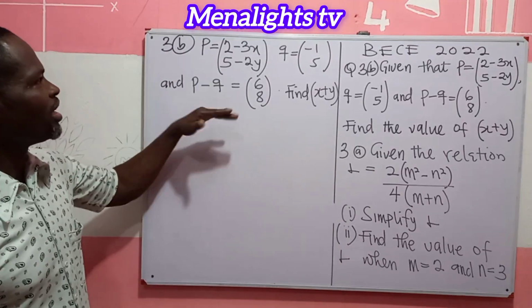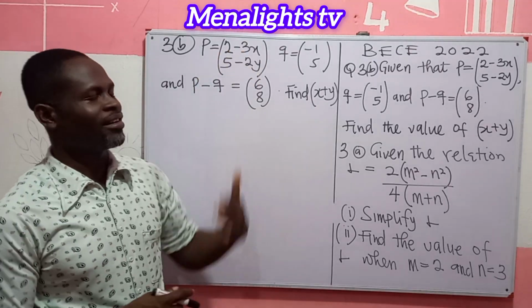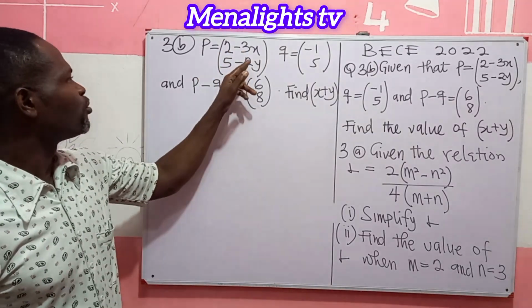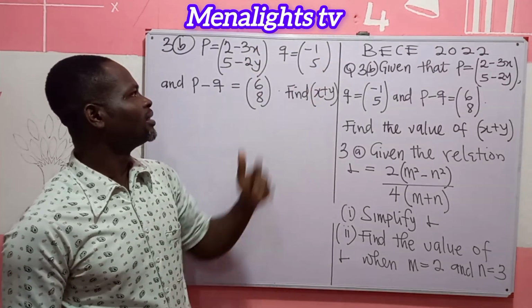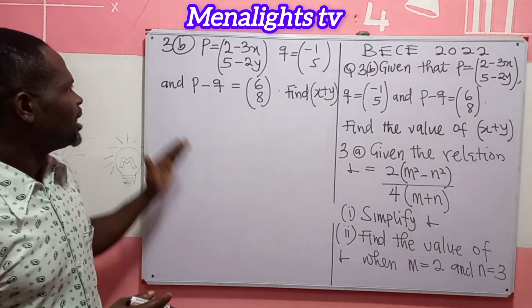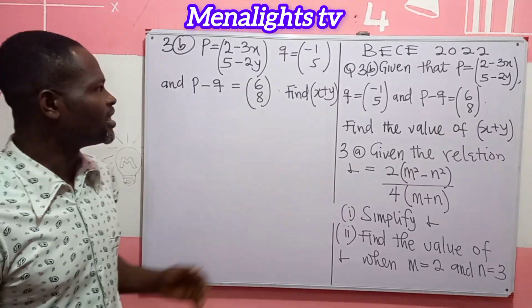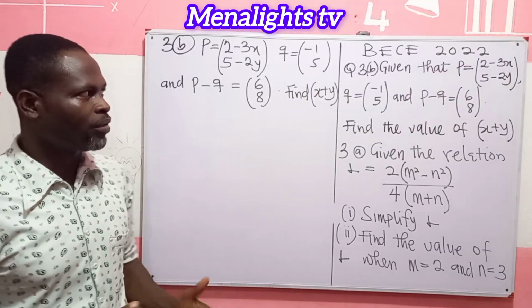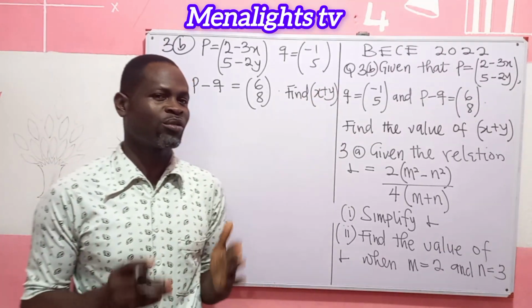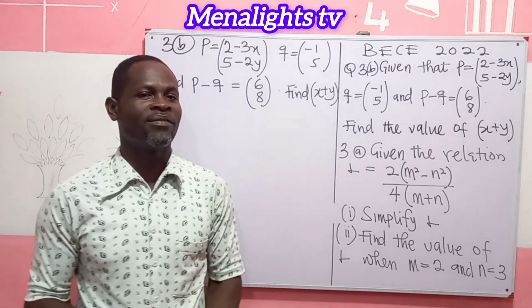3b. So given that P is equal to (2 minus 3x, 5 minus 2y), that is vector, and Q is equal to (minus 1, 5), and P minus Q is equal to (6, 8). So find the value of x plus y. Before you can find the value of x plus y, you have to individually find the value of x and then find the value of y.